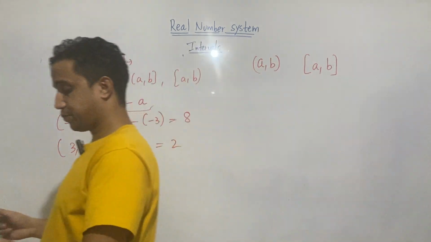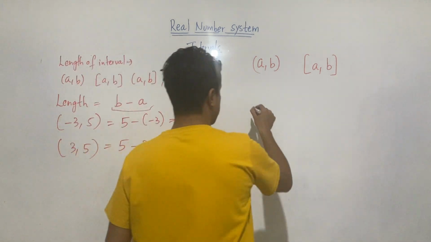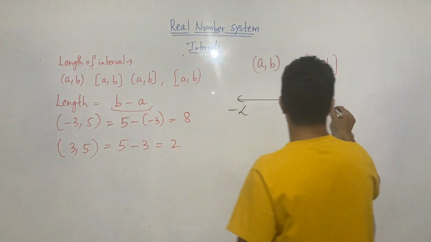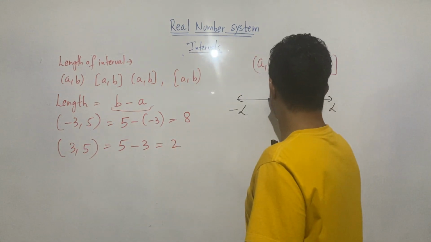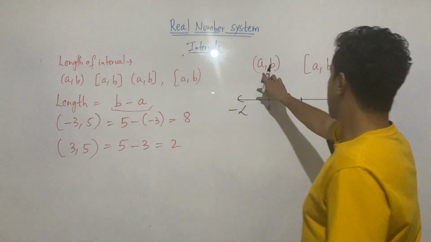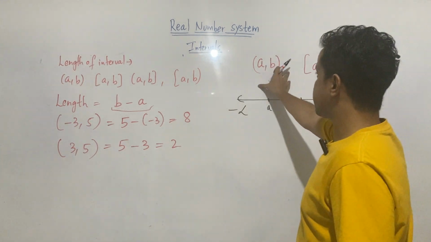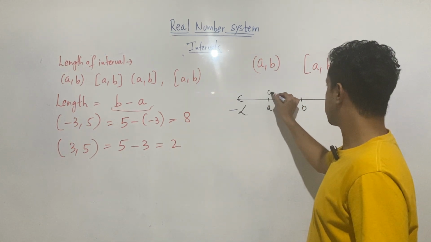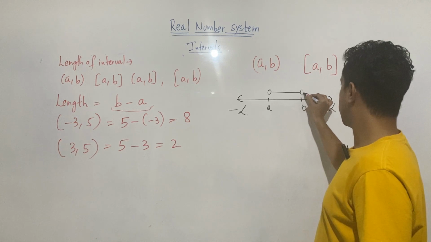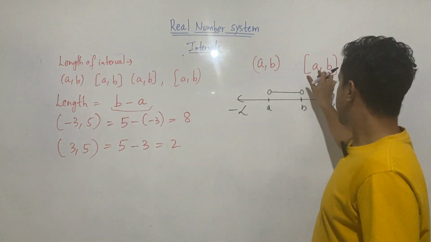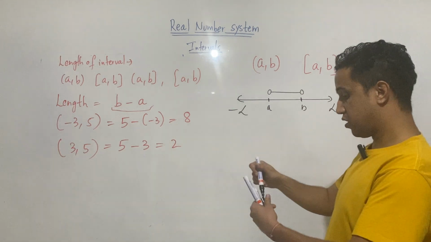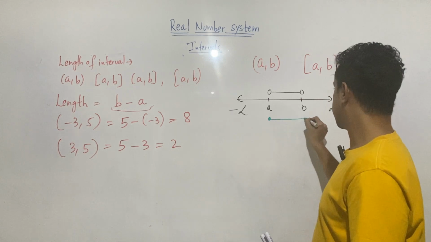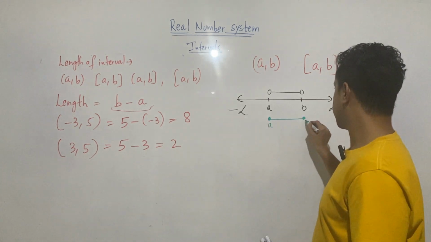If I represent it on the number line, this is minus infinity, this is infinity, this is A, this is B. The open interval AB will take any value between A and B, but not A and B. And the closed interval AB represents all the values between A and B, including A and B.